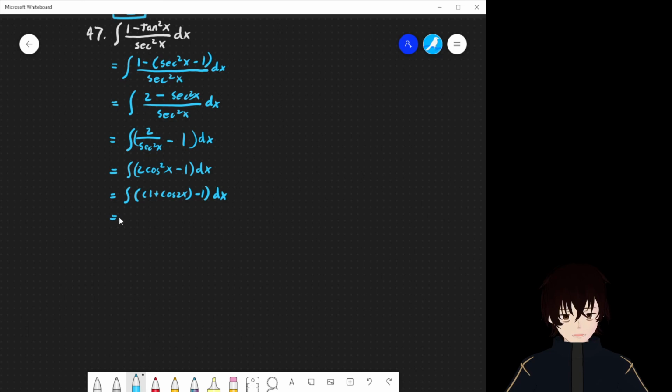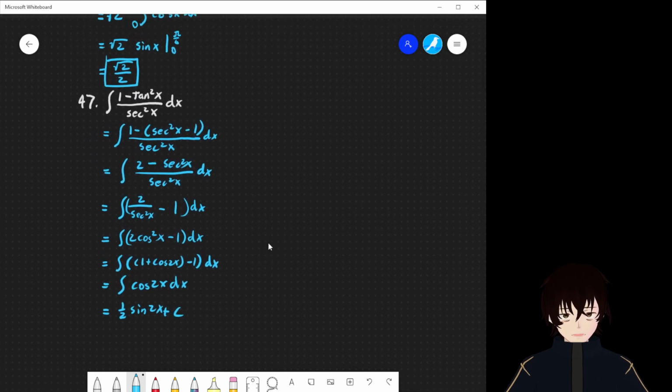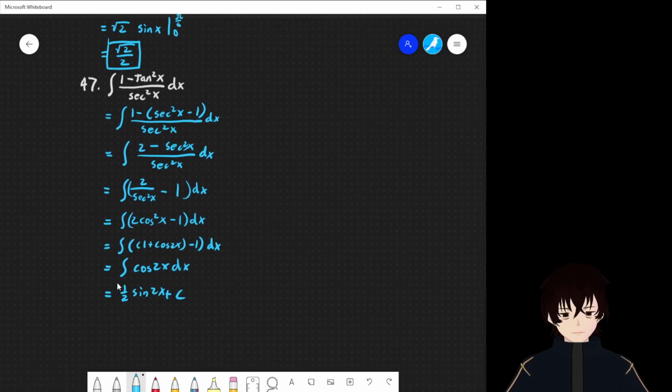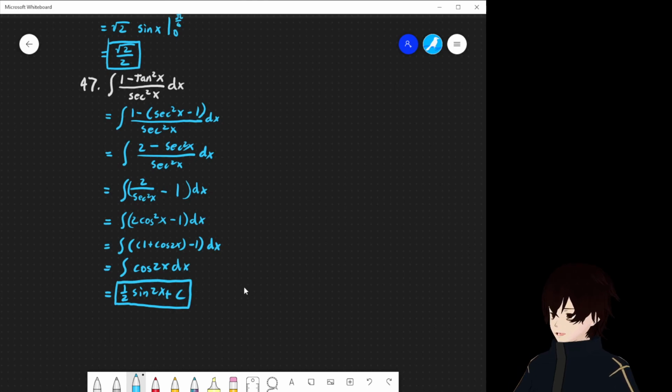So that is just equal to the integral of cosine of 2x dx, which is equal to 1/2 sine 2x plus c. Did I write plus c for the last... no, last problem was a definite integral. We didn't really need plus c. And this is 47.